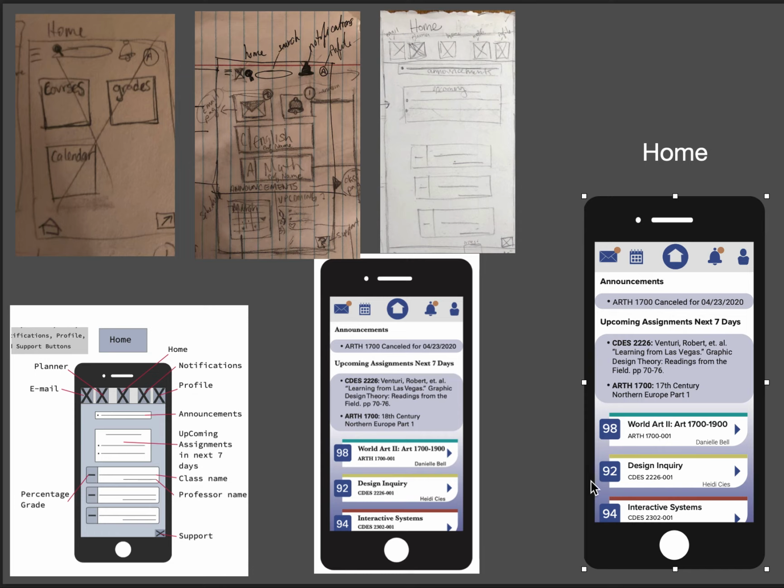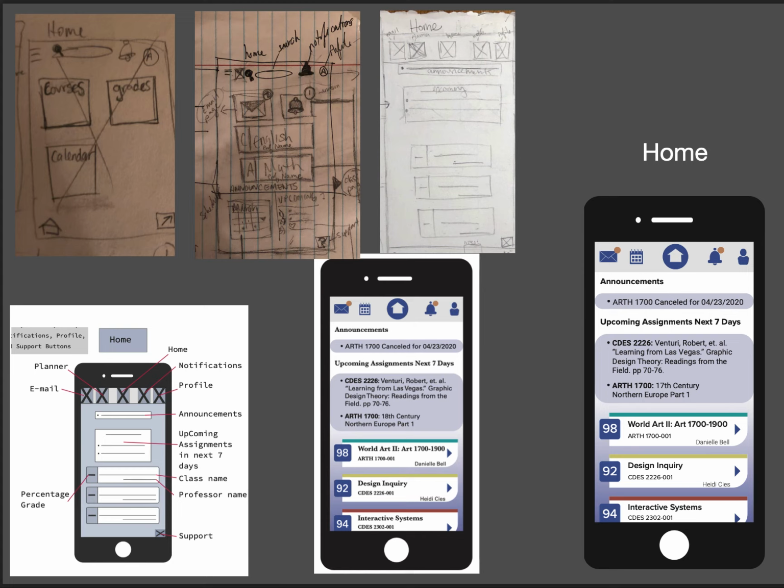And I think this just made it more clean and easier to see. There's different weights within this page. That way we can really tell the difference between what one thing is compared to the next.